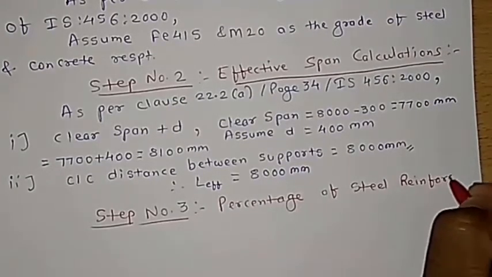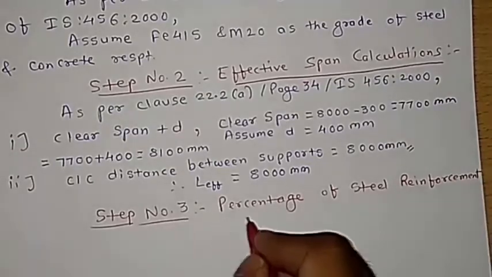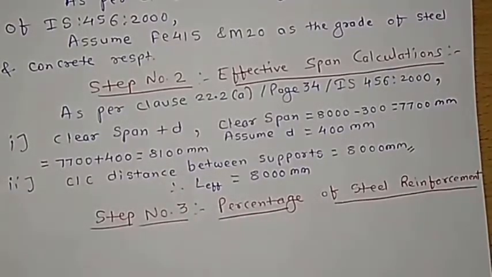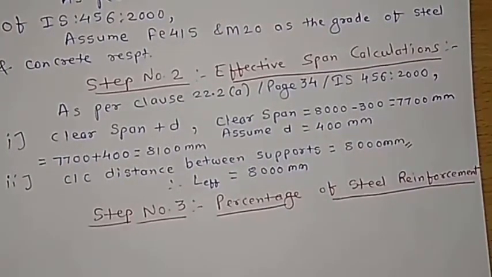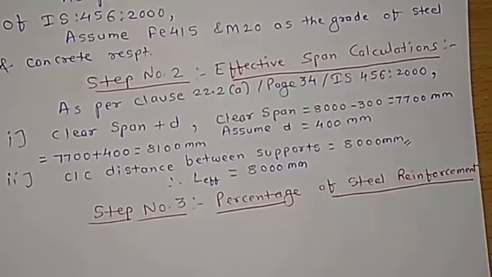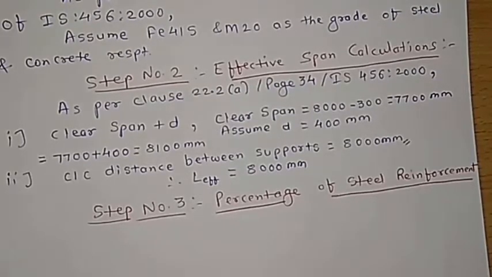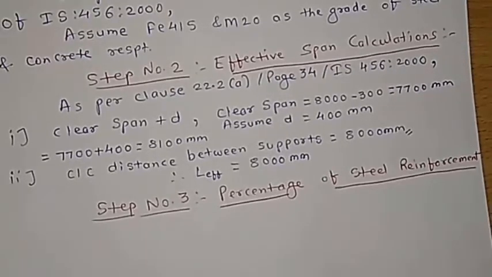So for a singly reinforced beam, the amount of reinforcement has to be around 75% to 80% of the percentage of steel at the limiting carrying capacity, and for that we need to consider the different values.